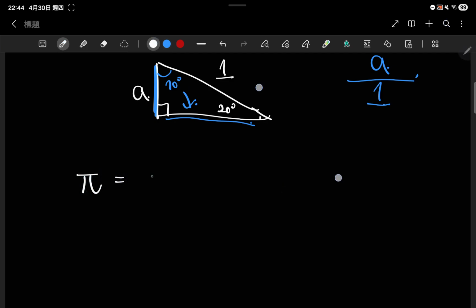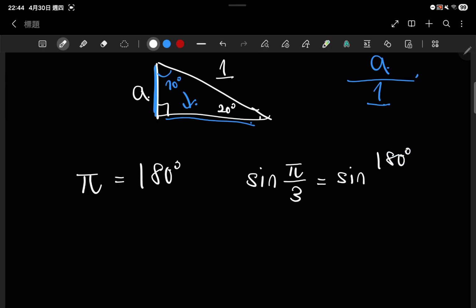Pi equals 180 degree. So if SAT asks you sine pi over 3, what is this? Pi is 180 degree, right? Over 3 is equal to sine 60.